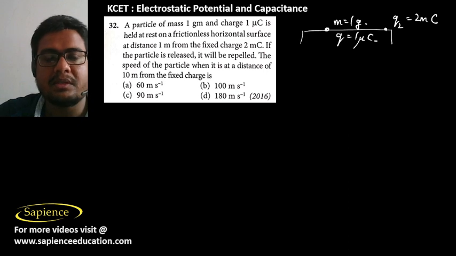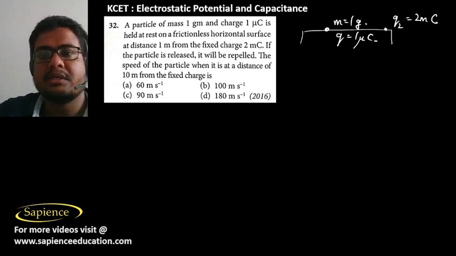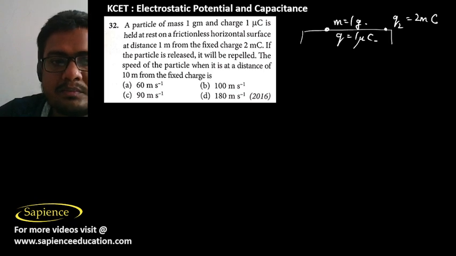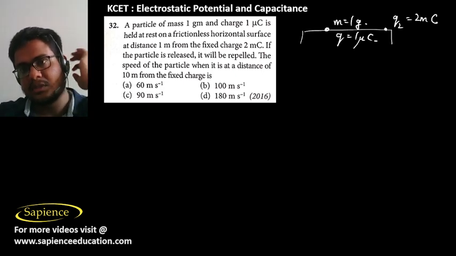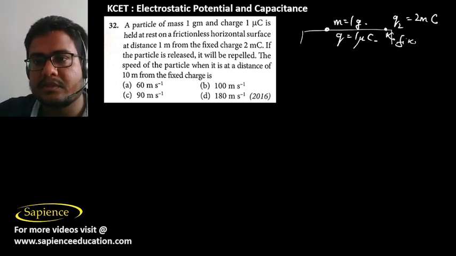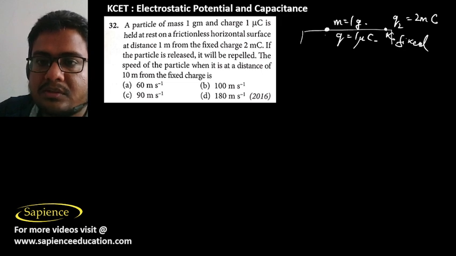If the particle is released, it will be repelled. What is the speed of the particle when it is at a distance of 10 meter from the fixed charge? So this Q charge is fixed, but this charge is not fixed. It can move.